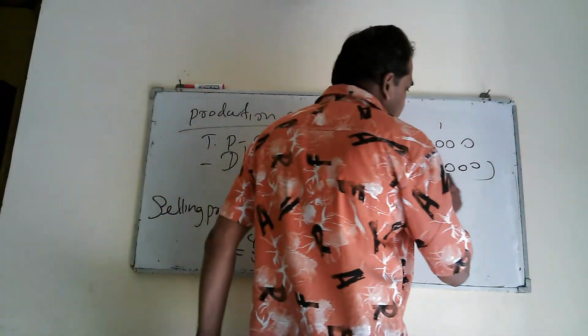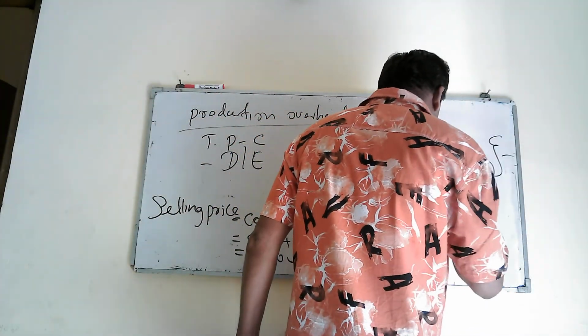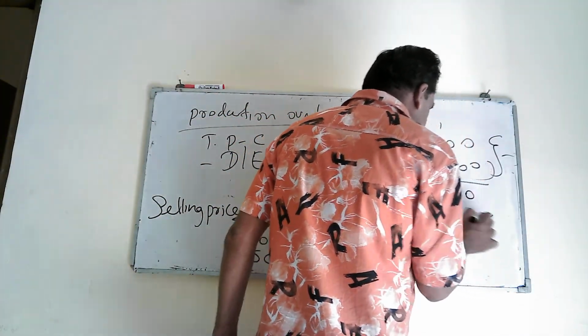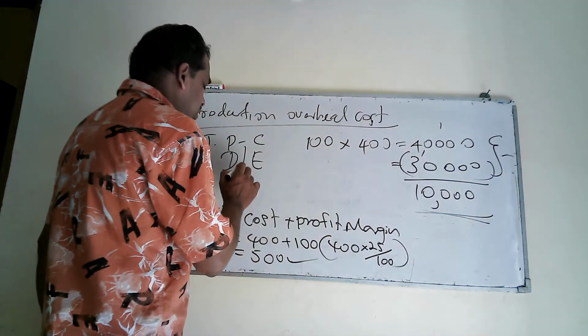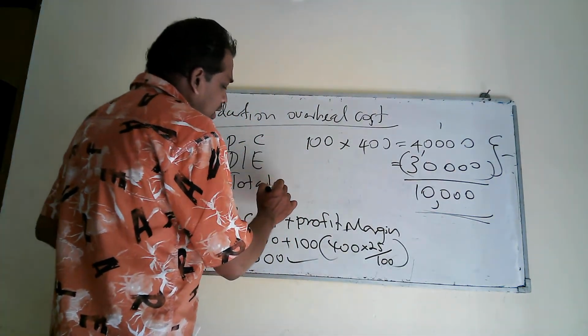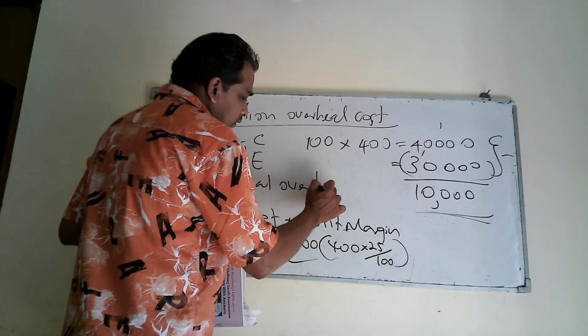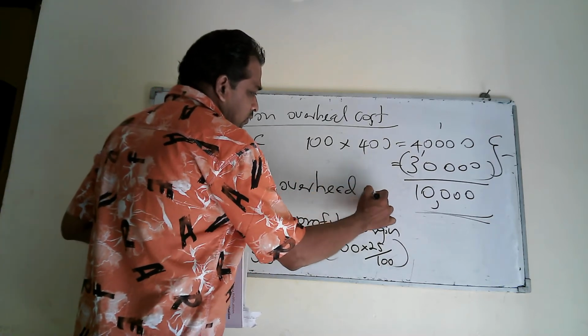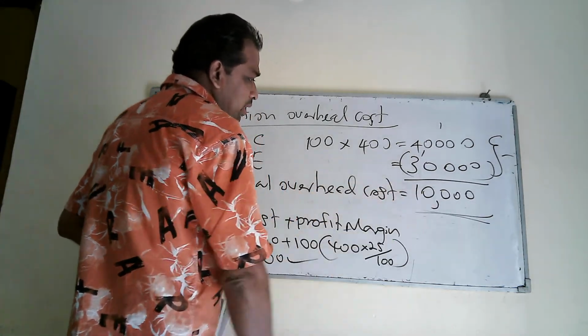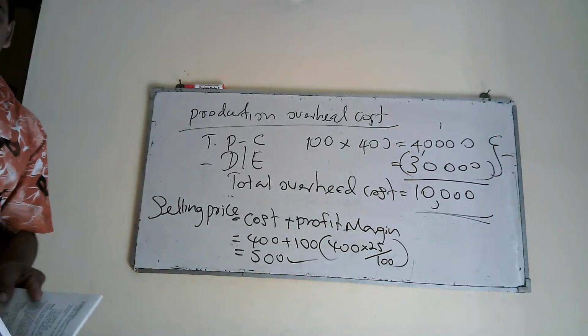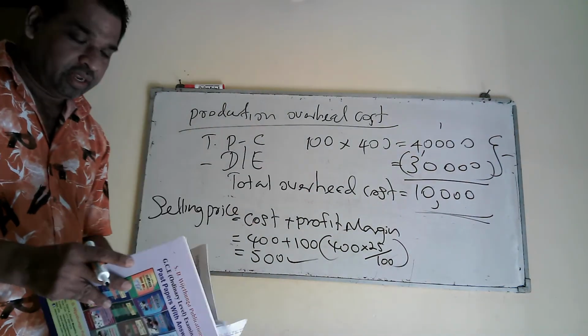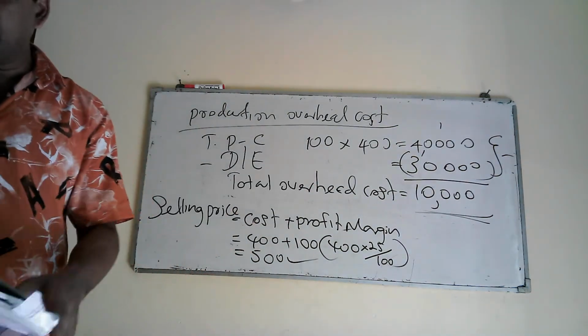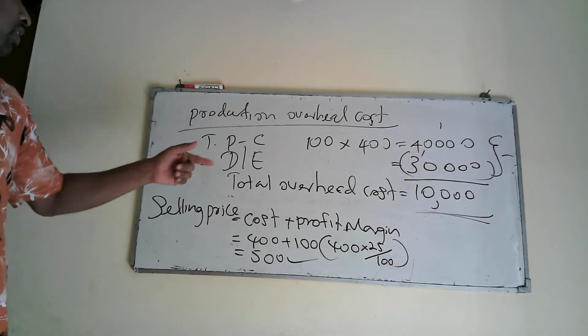Then you deduct 30. Then your answer will be 10,000. That is total overhead cost. Total overhead cost rupees 10,000. Right? Okay. Total overhead cost rupees 10,000. Then we calculated answers even for 2016 questions.